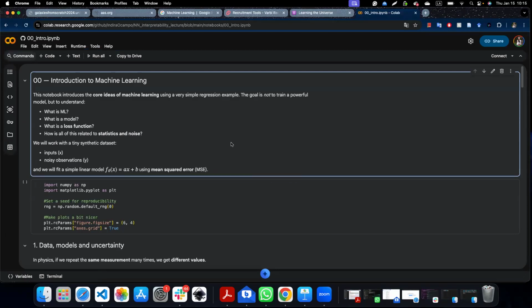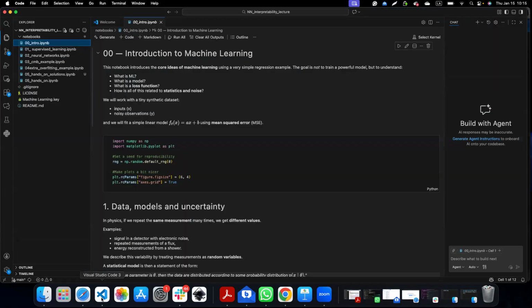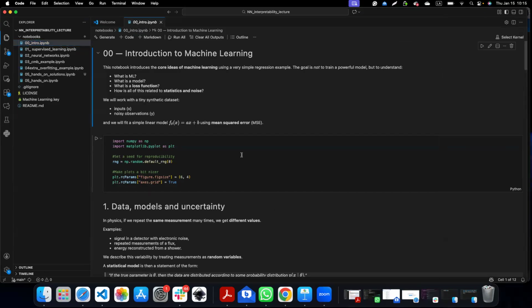I would say it would be better for you to run directly in Colab because you don't have to install anything, so you can run everything as we go step by step. I'm going to do it locally because I like to code locally or in the cluster.